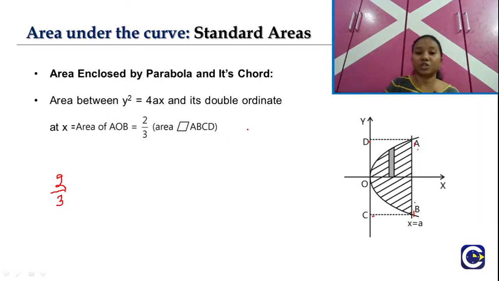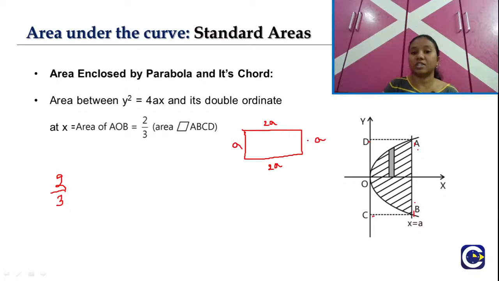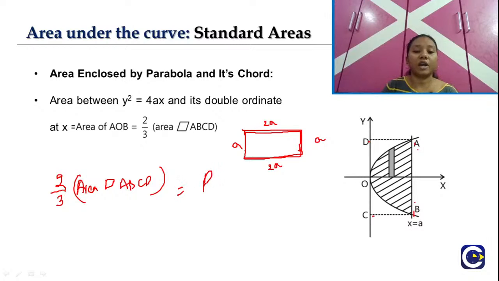This is 2a, this is 2a, and this is a, and this is a. So this is our rectangle, where a is the focus of the parabola. Using this, 2 by 3 times the area of rectangle ABCD will be equal to the required area enclosed by the parabola and its chord.